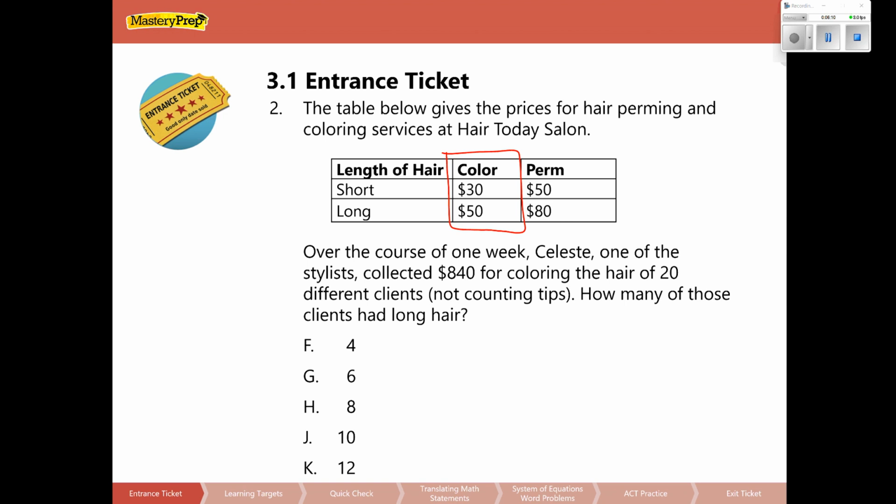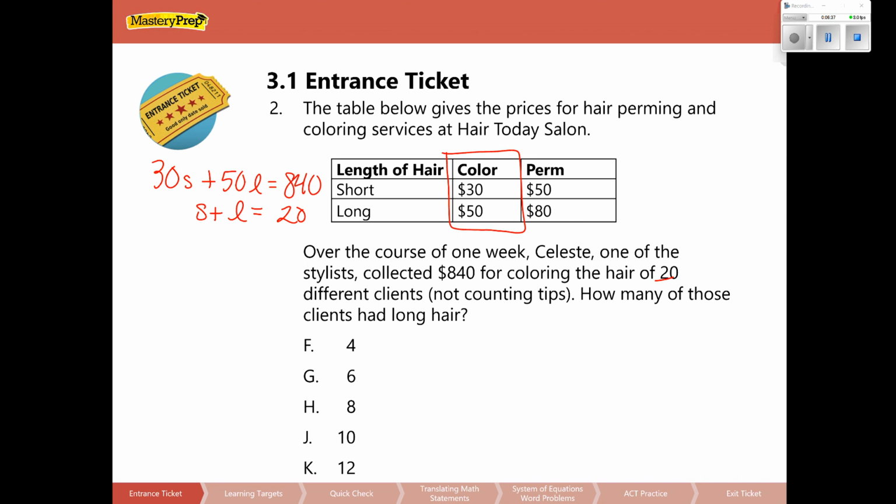But we know that $30 for short plus $50 for the long hair gave her how much money? $840. Well, how many people came into the salon? 20. So the number of short plus the number of long should equal 20, yes?